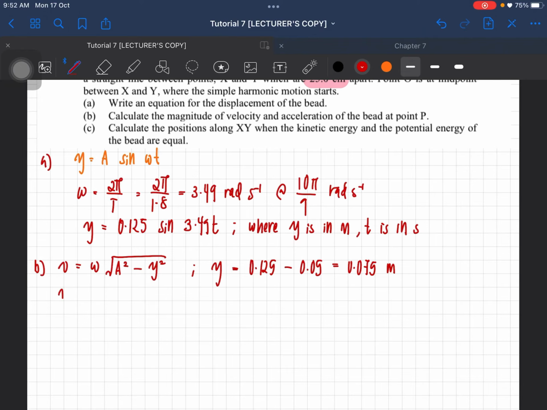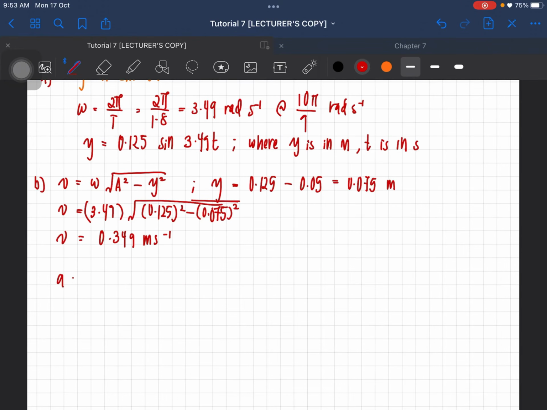Substitute the values. Omega is 3.49, A is 0.125 square minus 0.075 square. So V at y equal to 0.075 is equal to 0.349 meter per second.